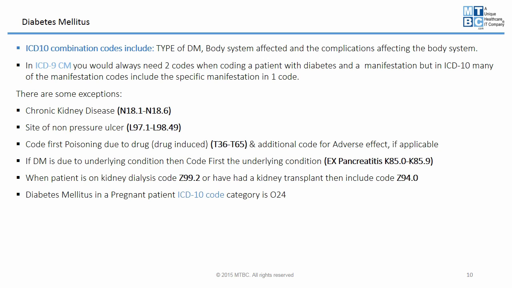So the diabetes mellitus will say patient is diabetic with chronic kidney disease as one code, and then the chronic kidney stage needs to be the second code, which N18.1 is stage 1, N18.2 will be stage 2, N18.3 will be stage 3, and so forth. N18.6 is end-stage renal disease.